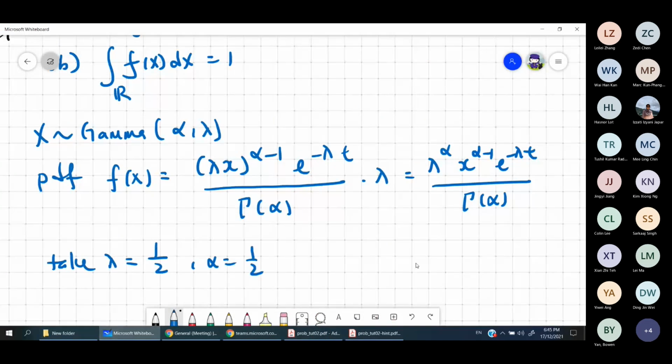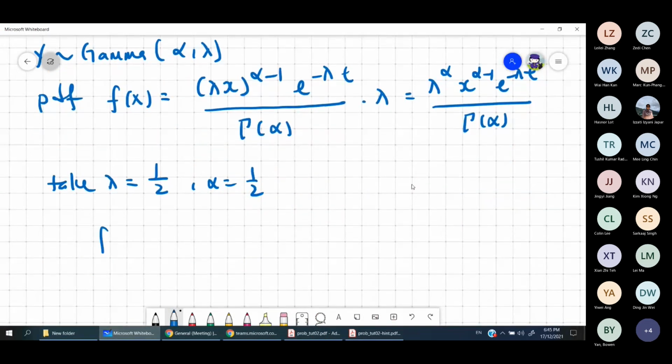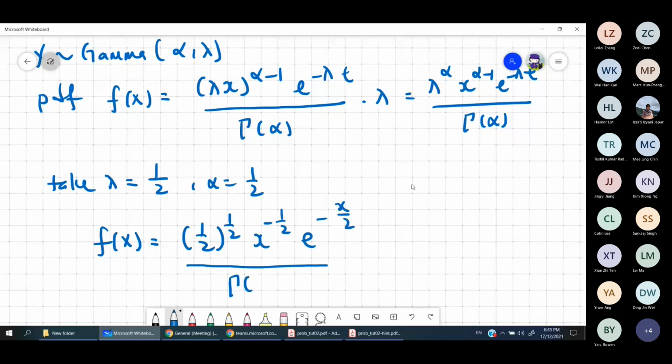If you take this, then we can see our f(x) is equal to half to the power of half, x to the power of minus half, e^(minus x over 2), over gamma(half). Yeah, I think it's supposed to be in this form.